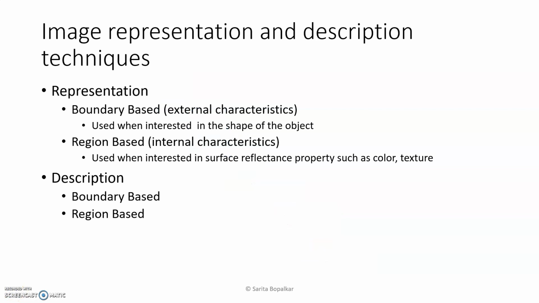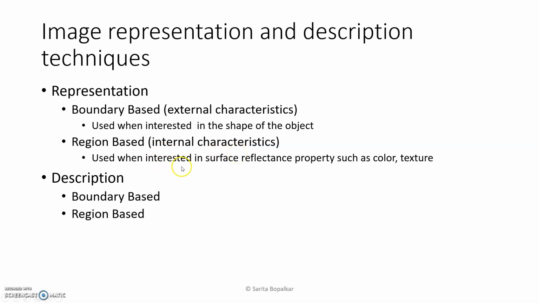Image representation and description techniques are classified into two categories: boundary based, which we can call external characteristics. When we are interested in the shape of the object, we use a boundary based representation technique. The other technique is region based, which we can call internal characteristics.